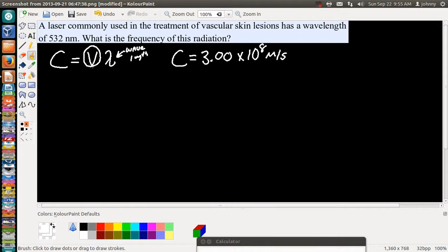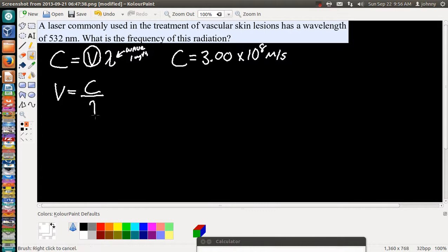Now, this is V times lambda. What undoes multiplication? Its opposite, division. We're going to take this wavelength and put it underneath C. So that gives us V equals C divided by what?